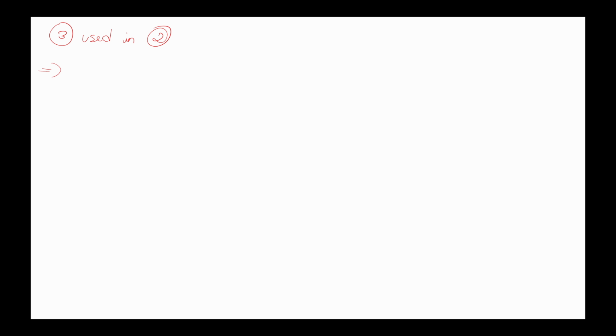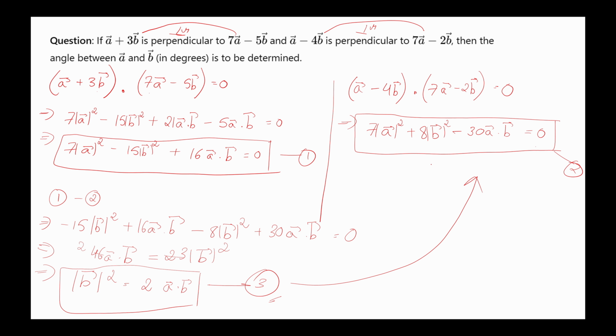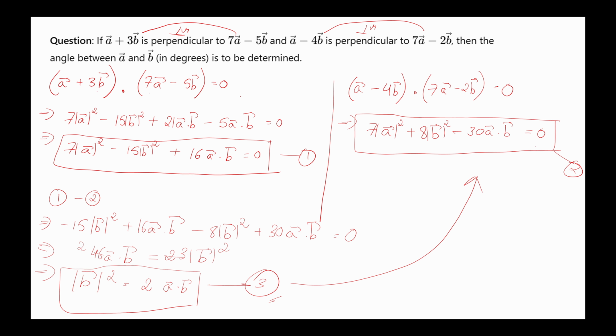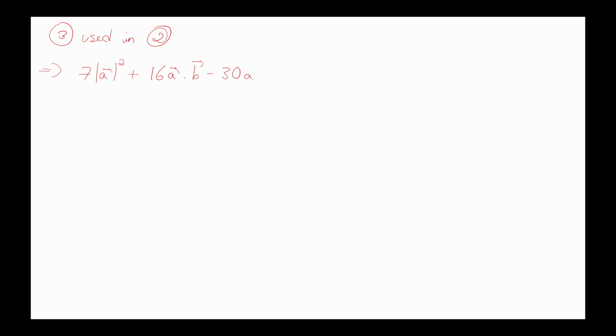Second equation, what do we get? 7 a vector modulus square plus 8 times b modulus square, so this becomes twice a dot b, so we can write this as 16 a vector dot b vector, minus 30 times a vector dot b vector, and this is equal to 0. So from here, a vector modulus square would come out to be 14 times a vector dot b vector, so again this would become 2 times a vector dot b vector.